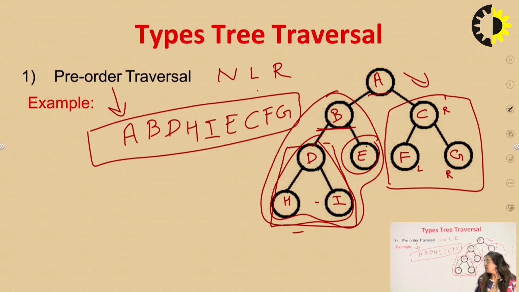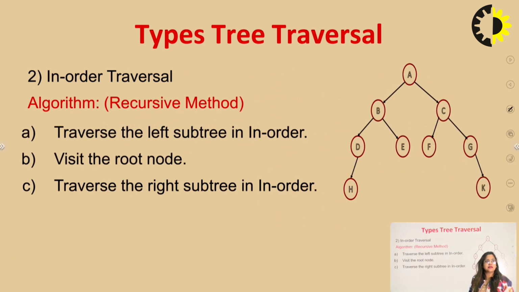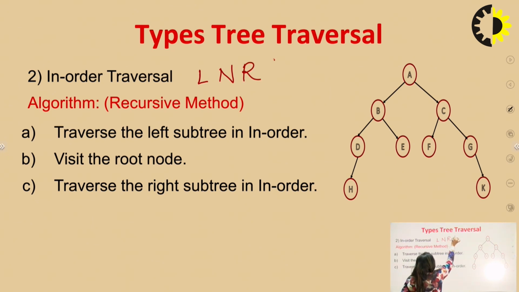So according to this diagram, this is a pre-order traversal. Got it? Based on this principle, NLR: node, left, right. Now we come to the second traversal, that is in-order. In-order traversal works on left, then node, then right.